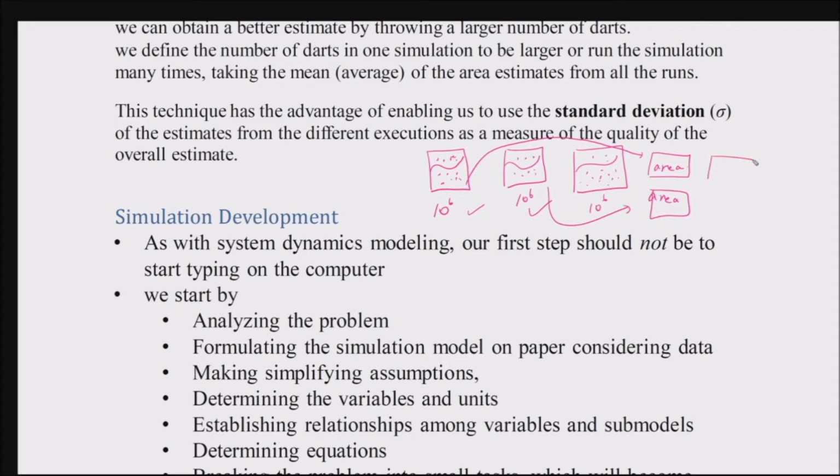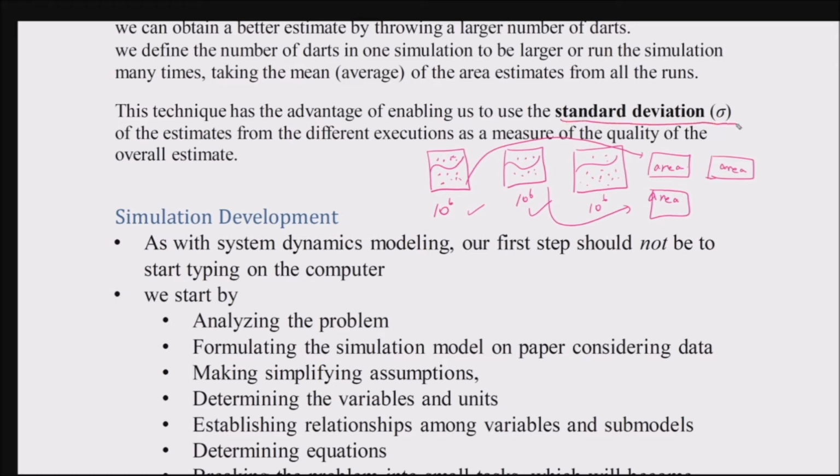I get some area values there, right? The good way of measuring your quality better is to get the average of this. Average means the mean of the values, but you can get more accurate values by using a standard deviation.